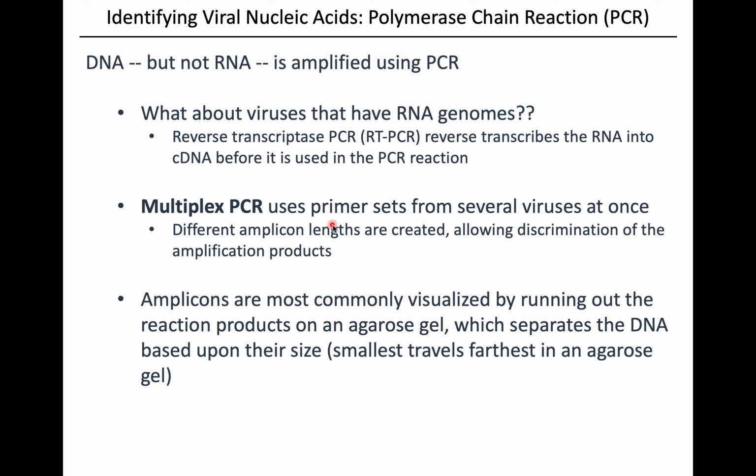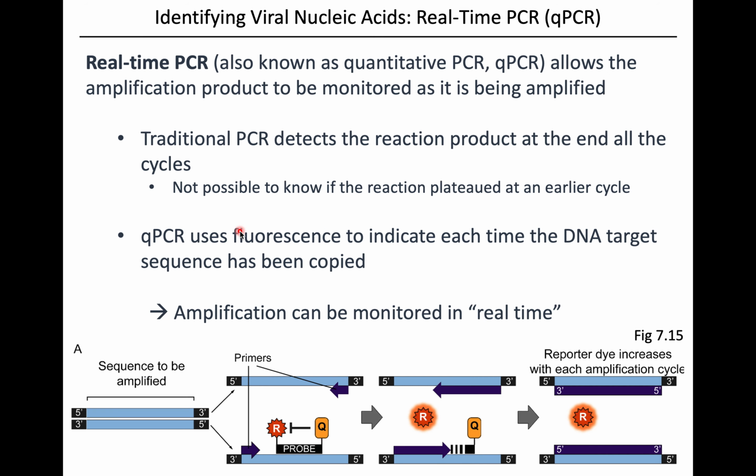And then, how do you actually get a result? Well, if you've done any PCR before, you basically have to run an agarose DNA gel to see the products of the PCR reaction. And there are some newer, fancier types of PCR. For example, there's real-time PCR, which is a quantitative PCR.